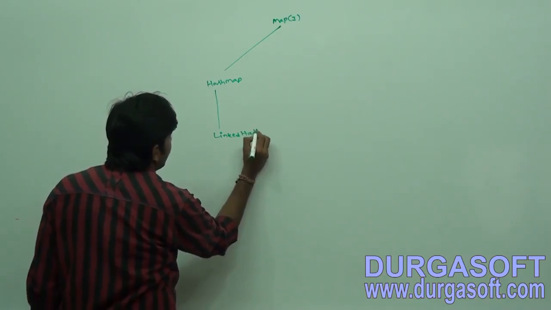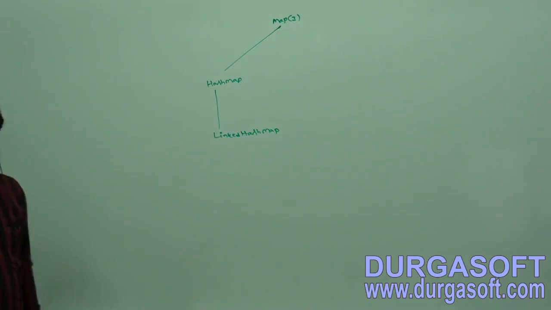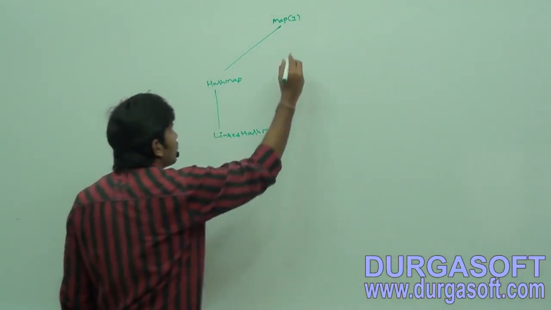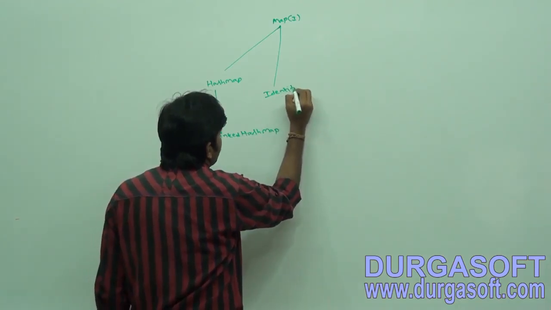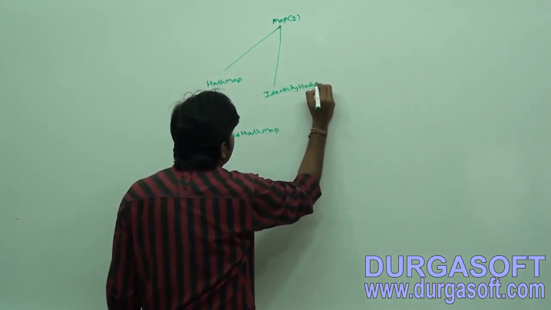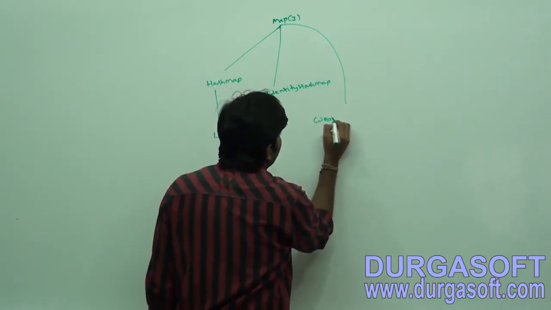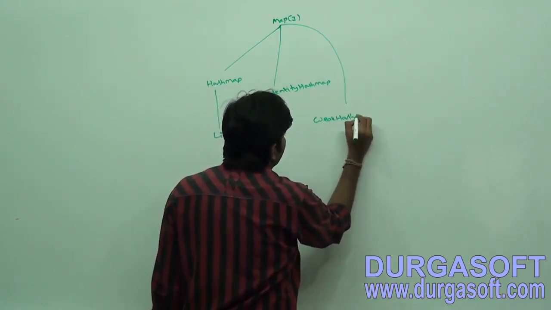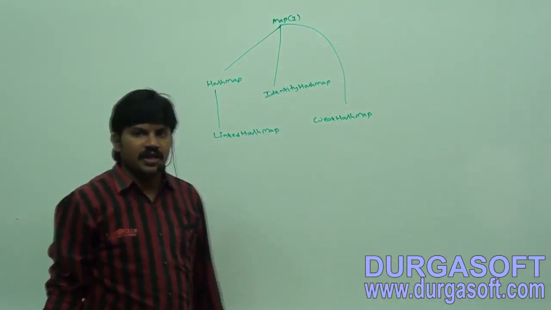So what is the agenda related to Map? In this morning session, we are going to talk about HashMap, LinkedHashMap, and then IdentityHashMap, and after IdentityHashMap, WeakHashMap we have to talk. WeakHashMap: the HashMap which is very weak is called WeakHashMap.